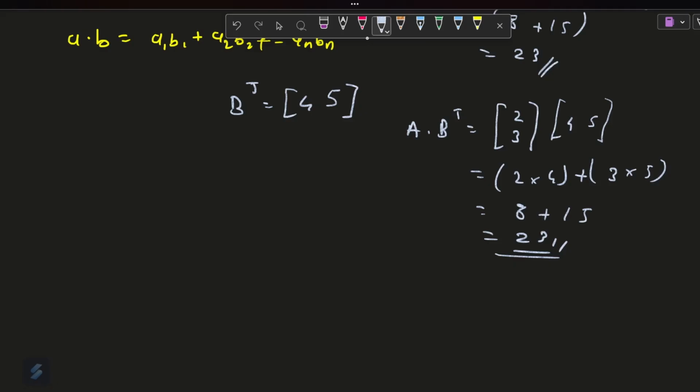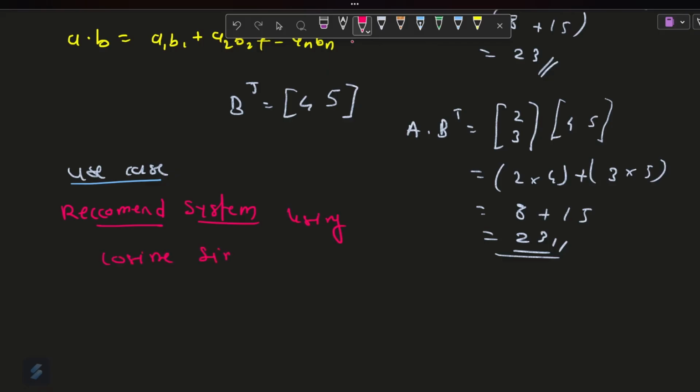So when we talk about the use cases, first of all, understand that it is used in a recommender system using cosine similarity.